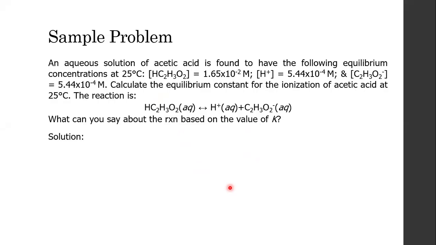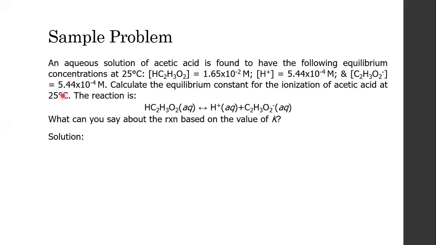Okay, so this is the last sample problem for this video. An aqueous solution of acetic acid, which is present in vinegar, is found to have the following equilibrium concentrations at 25 degrees Celsius. You have 1.65 times 10 to the negative 2 molar of acetic acid. We have 5.44 times 10 to the negative 4 molar of hydrogen ion.